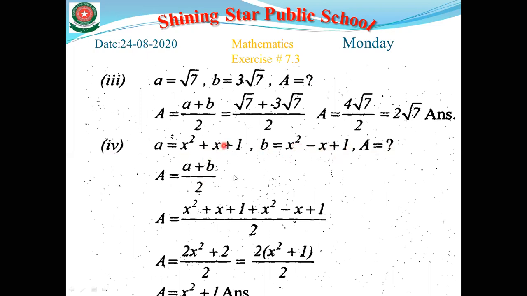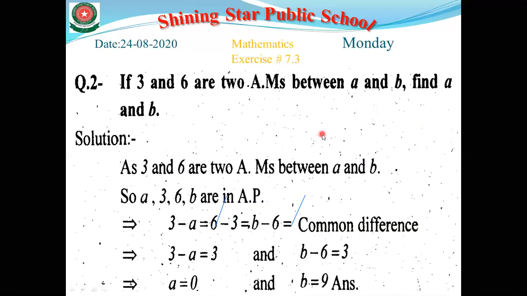So plus x and minus x cancel, and x square and x square become 2x square, and 1 plus 1 is 2. Now take the common 2 from the numerator. It will give you 2 into (x square plus 1). 2 and 2 cancel. So the remaining is x square plus 1, which is your required answer of part number 4. Very simple. Now question number 2.